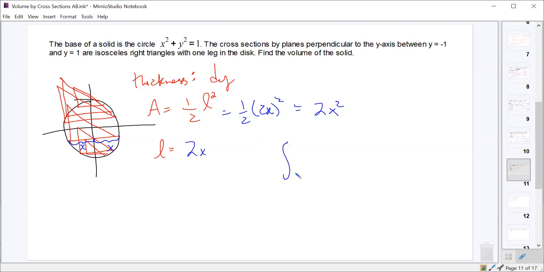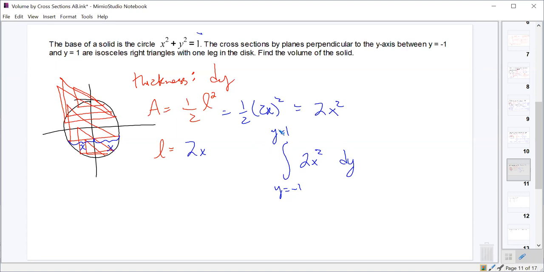So all we need to do is integrate from y equals -1 to y equals 1, 2x squared dy. And so what's the problem that we have with that? It's x, but we're integrating in terms of y. We've got to integrate in terms of y from y equals -1 to y equals +1, but our function is in terms of x.